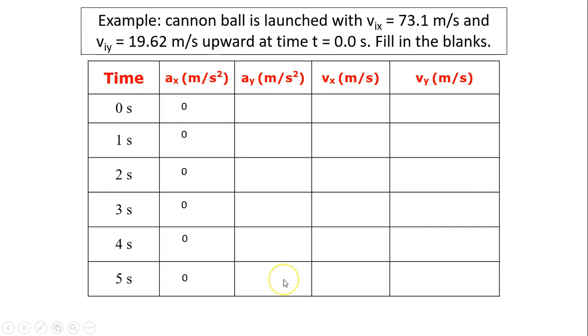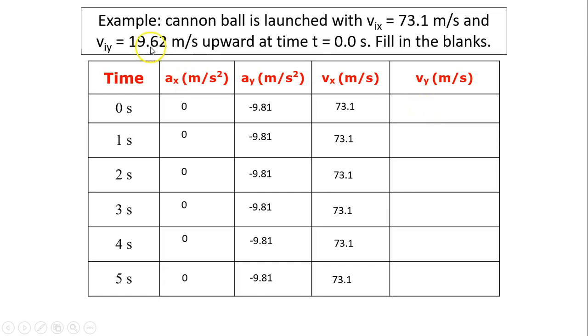Vertical acceleration is also constant, which is negative 9.81 meters per second squared. Horizontal velocity is constant, the same as the initial horizontal velocity, so 73.1. Vertically, it decreases by 9.81 meters per second while going up, becomes 0, then increases.